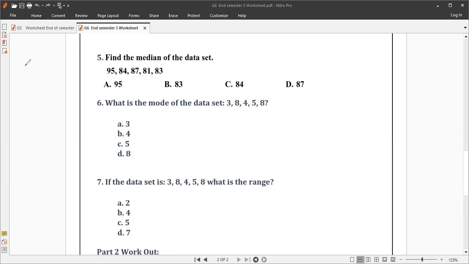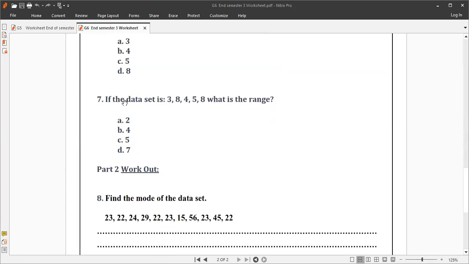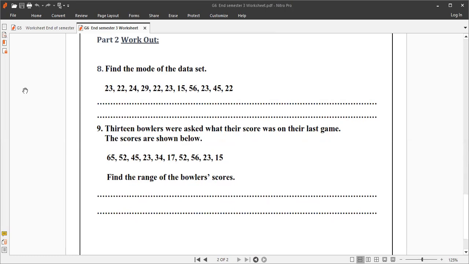Now the rest of the questions. Find the mode of the data set. Now we need to find the mode. The mode, just by looking at them, which numbers are repeated. 22 is repeated how many times? It's repeated 3 times. Now I check if there is another number repeated 3 times or more. 23 is repeated 1, 2, 3.